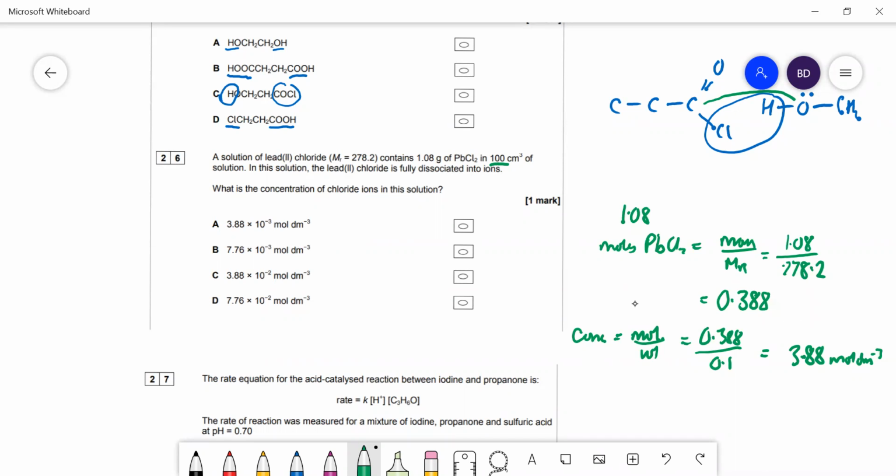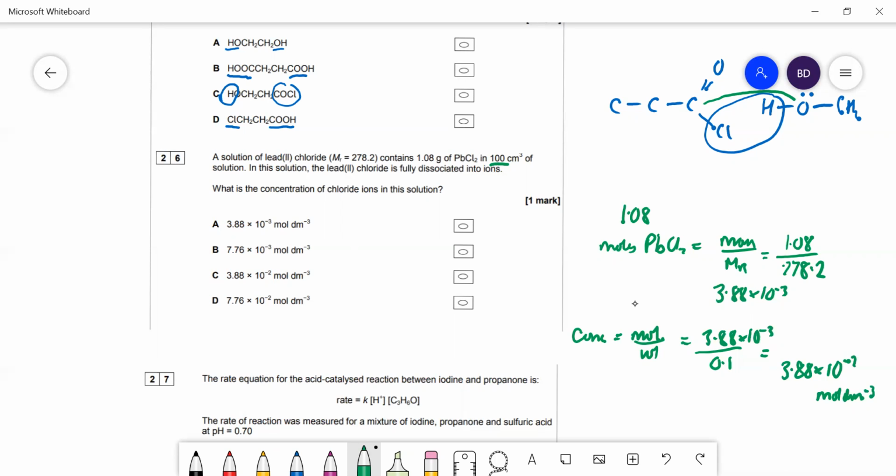Okay, 3.88 times 10 to the minus 3, sorry about that. Let's change that. 3.88 times 10 to the minus 3. So that gives us a concentration equal to 3.88 times 10 to the minus 2 moles per decimeter cubed.